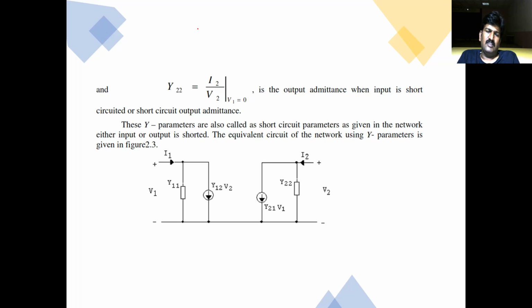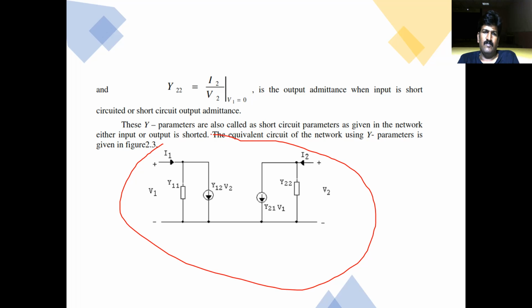Here you can draw the admittance parameter equivalent circuit like this. Here you should understand Y11 is the admittance of this input circuit, when the I1 current is passing through the input circuit only. Y12 is a reverse transfer admittance.